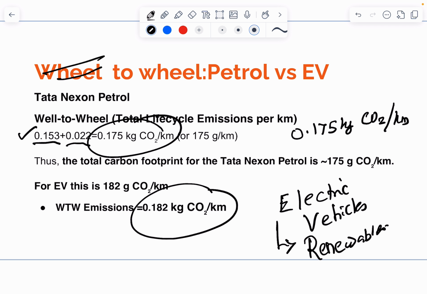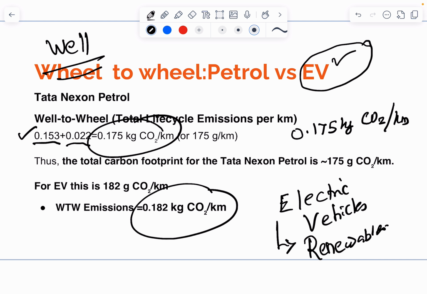From well to wheel, if you analyze, then the shift towards EV without actually reforming or greening our grid would in no way help the environmental cause. So these are the insights which we get from the well to wheel analysis.